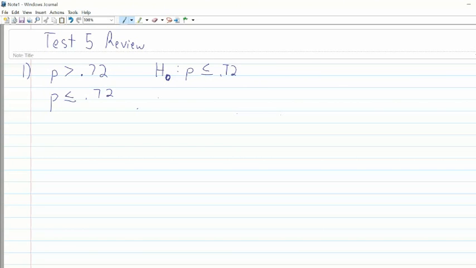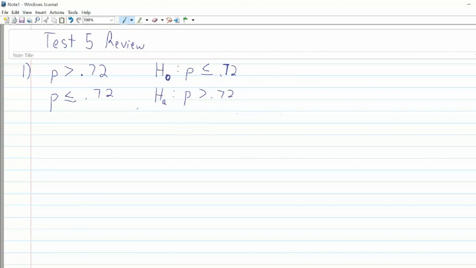And the other one is the alternate hypothesis. So our H sub A, which stands for alternate, is P is greater than 0.72. Now, it's important that we understand what the greater than in the alternate hypothesis actually means, but on this particular problem, we only have to state the hypothesis.